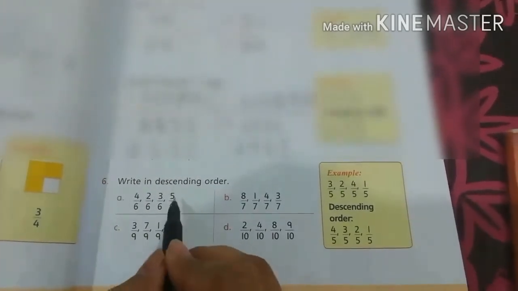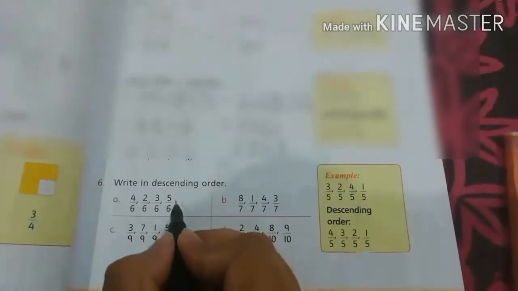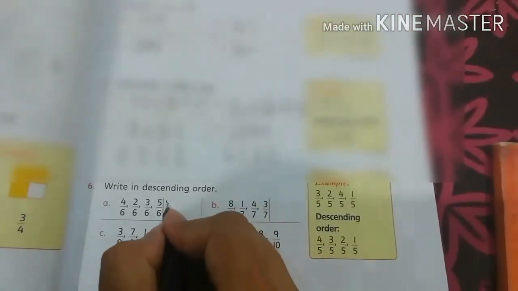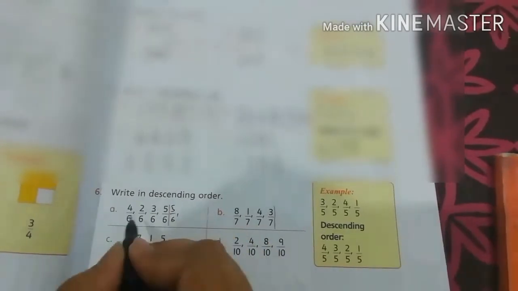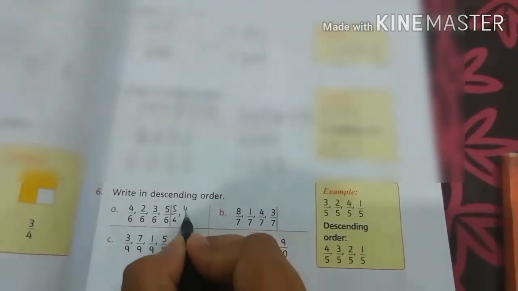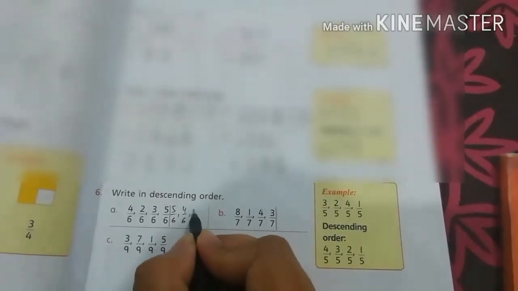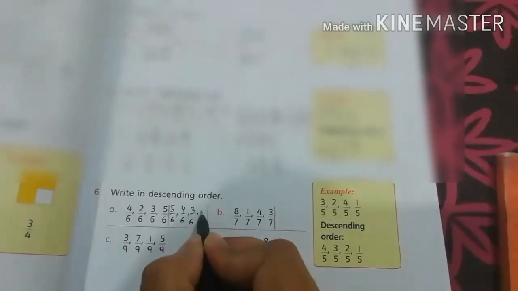So bigger numerator is 5. So 5 by 6, then 4 by 6, then 3 by 6, then 2 by 6.